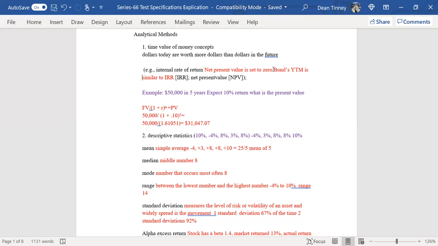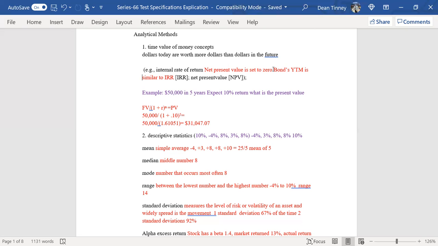Here you were given the future value, so we're going to go for the present value, which is a little lower number. Sometimes that alone can do it for you. Here we said that we're expecting 50,000 in 5 years, and we can get a 10% return. So if we can get a 10% return, what is 50 grand worth today? And so we plug it into our formula, and assuming we can get 10%, 50,000 5 years from today would be 31,000.